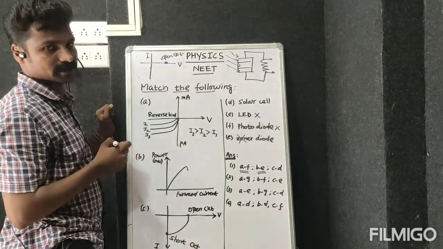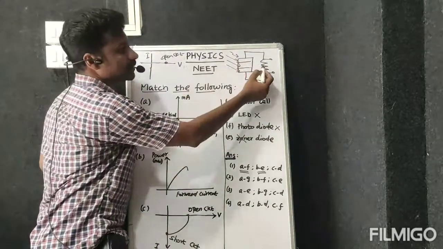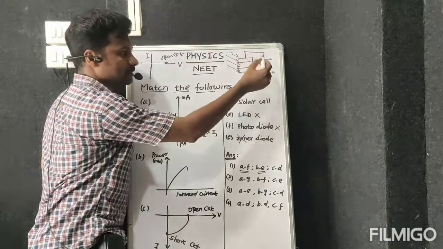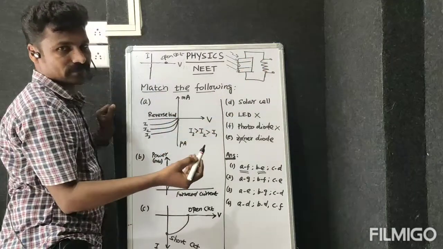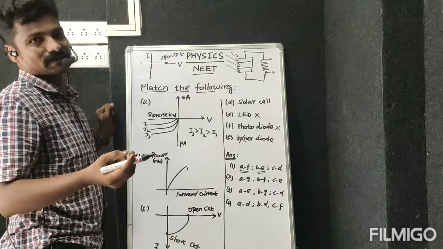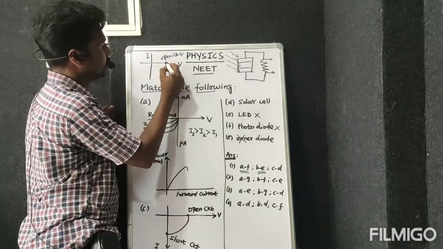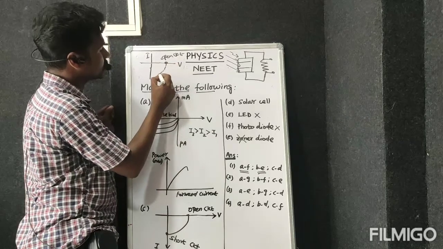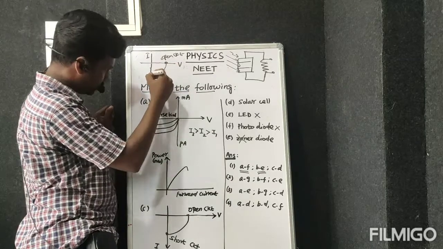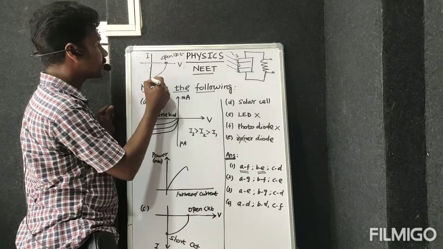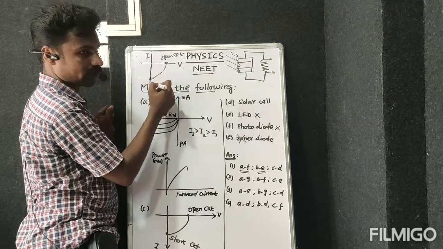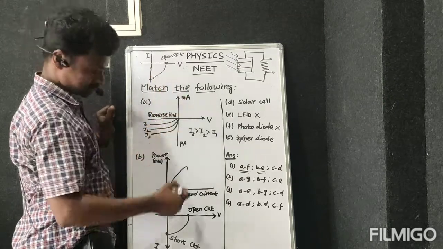So gradually what happened? The current value is increasing as well as the voltage value is reducing. Current value increasing, voltage value reducing. So we can get this point.